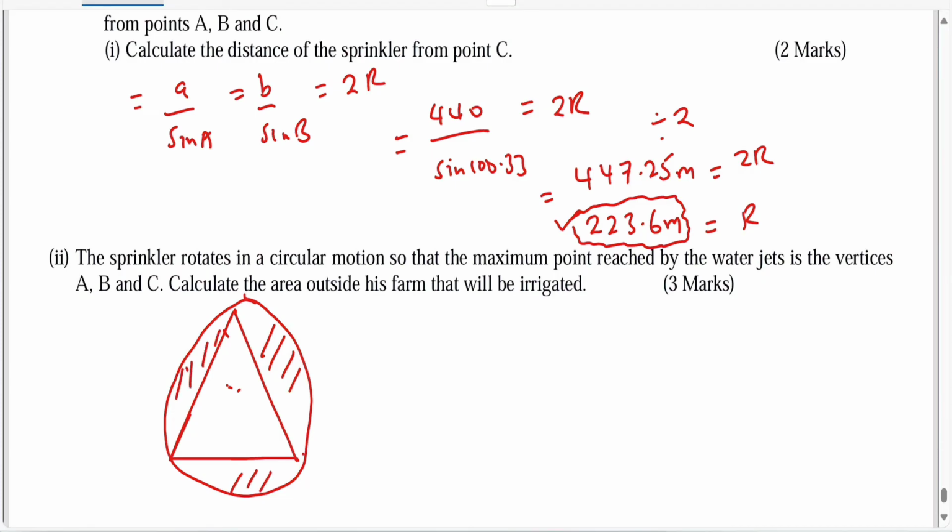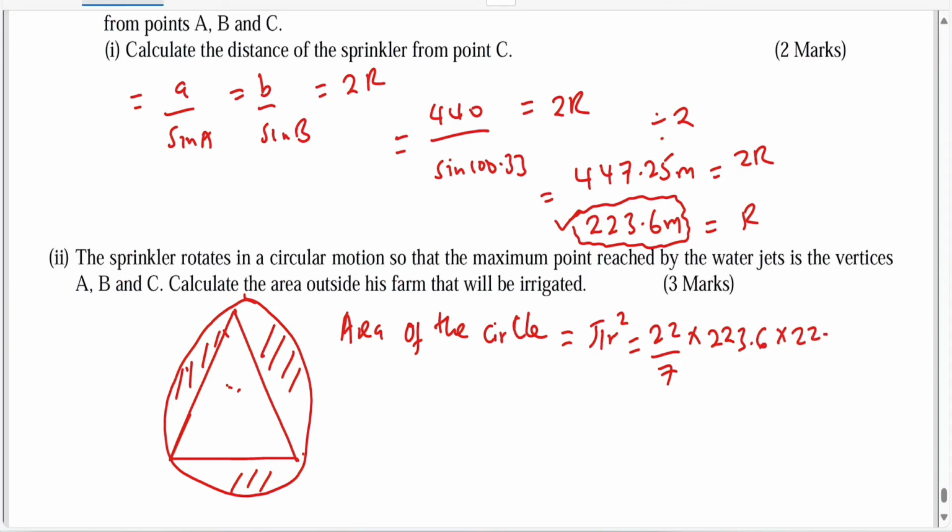Okay. So basically, you need to find the area of the circle first. Area of the circle. Then find the area of the triangle, which you already found out. So area of the circle is given by pi r squared, which is 22/7 times your radius. You had found it out in Roman 1, ambao ni 223.6 times 223.6.